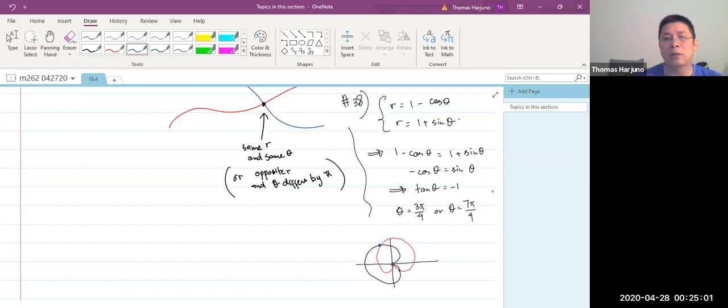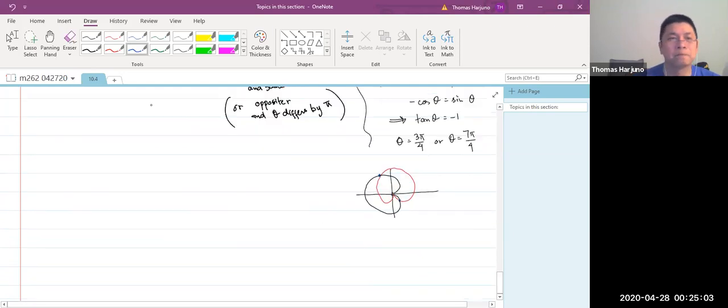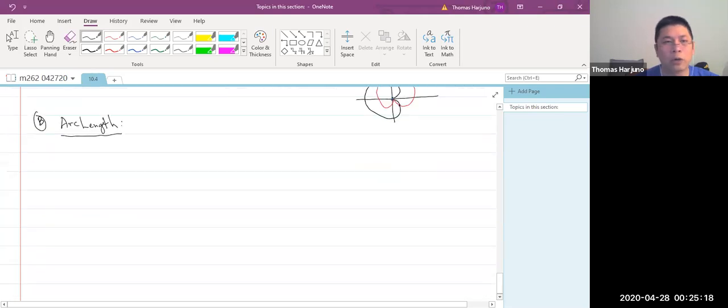Now let me go on to the second part of this section, which is arc length. From a long time ago, we have already learned the arc length. The arc length is equal to the integral from a to b of the square root of dx squared plus dy squared.